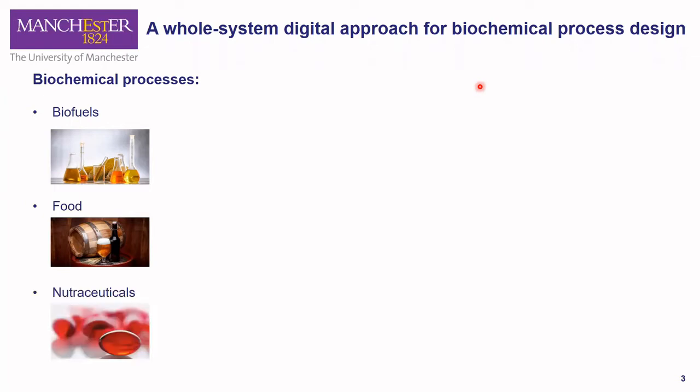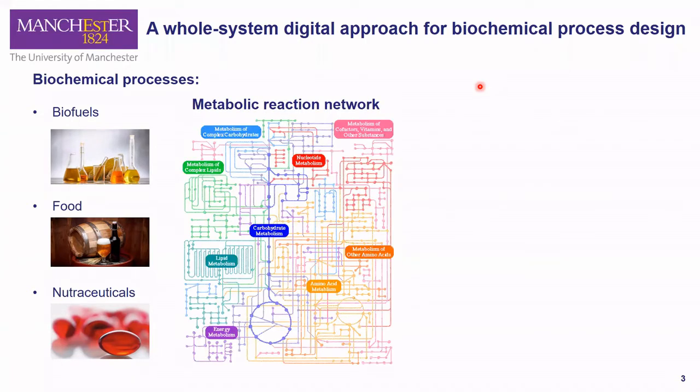And finally, we can use biochemical processes to produce some important pharmaceuticals and nutraceuticals, which are related to our health. And fundamentally speaking, independent of the product we want to produce, all of the biochemical processes are related to microorganisms, okay? And we are actually dealing with a metabolic reaction network.